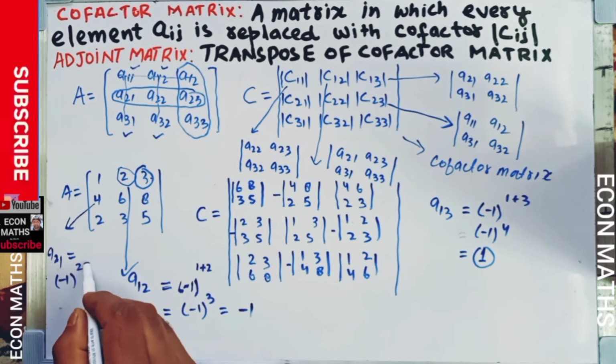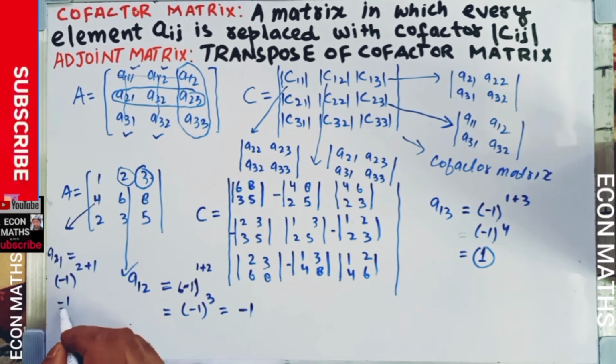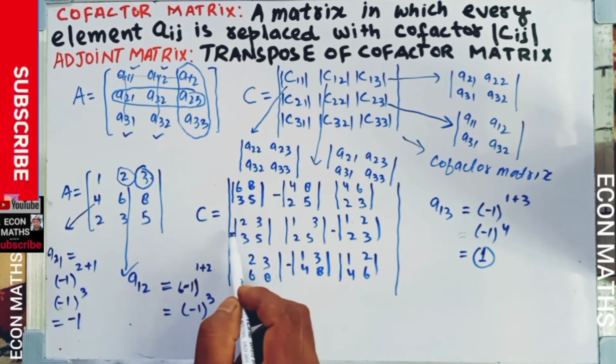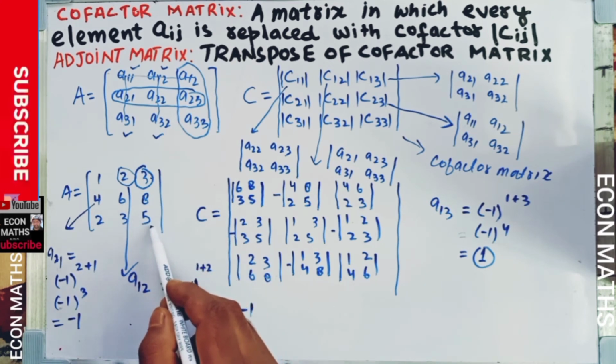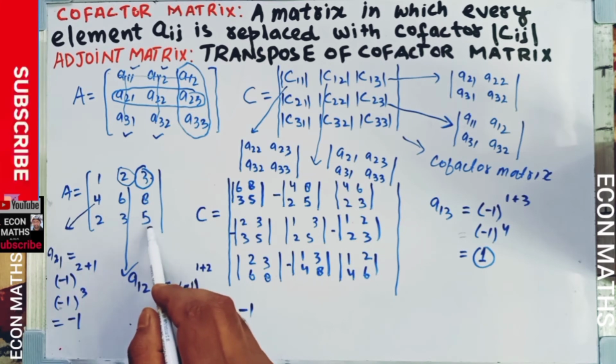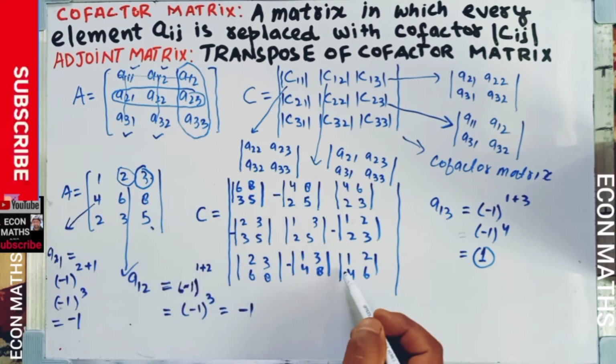Here this is 2 plus 1, so -1 raised to power 3. Because -1 raised to an odd number gives us -1, here I have written this minus sign. Now similarly, the address of this element is A33, that is third row and third column. Now the sign is here positive.